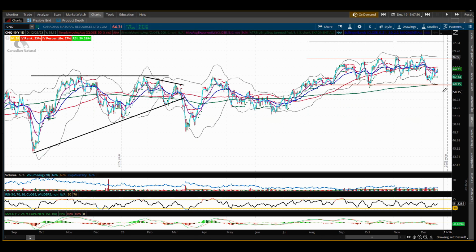Now, one thing to keep in mind is when you're going inverted, you want to make sure that the total premium you collected is more than the width of your now inverted short call and put. So for example, if you're going to $58, if you sell the $58 call, so from 58 to your short put of $60, that's a $2 difference.